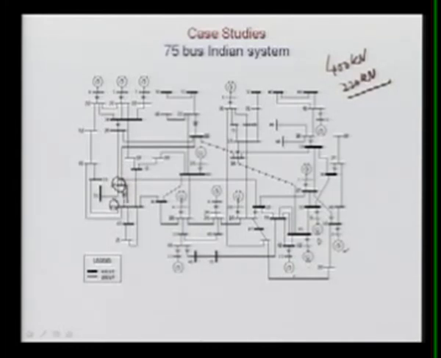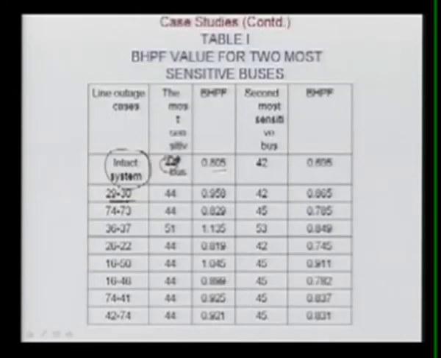If this transformer trips, then it is found that the most sensitive bus is 44. And the second one is also 44, then 42, 44, 42, 44, 54.